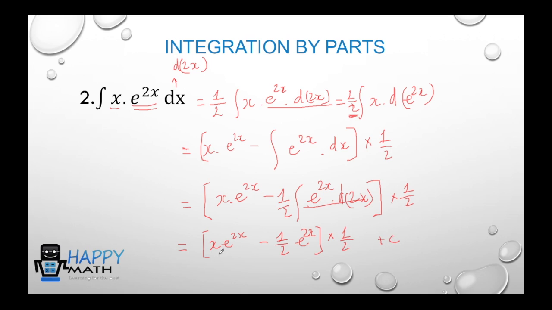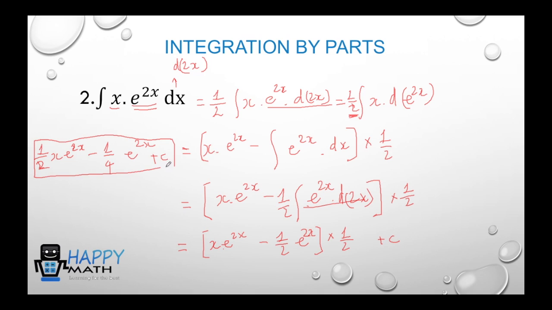Let's see. When you expand this one, you will get the main result, 1 over 2 x times e power 2x minus 1 over 4 of e power 2x plus c.